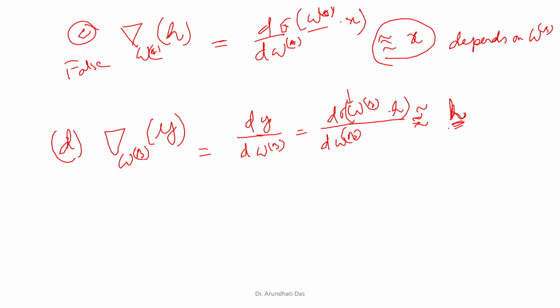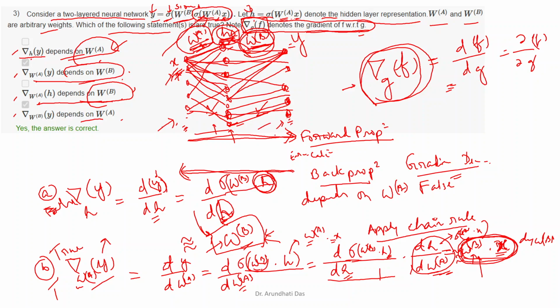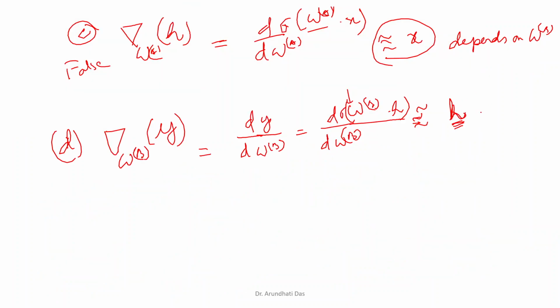Now what is the option asking? The option is asking whether this depends on WA. Now, how do we get H? H is nothing but the sigmoid function applied on WA multiplied by X, so we definitely get H. So this final term will definitely have the term WA.